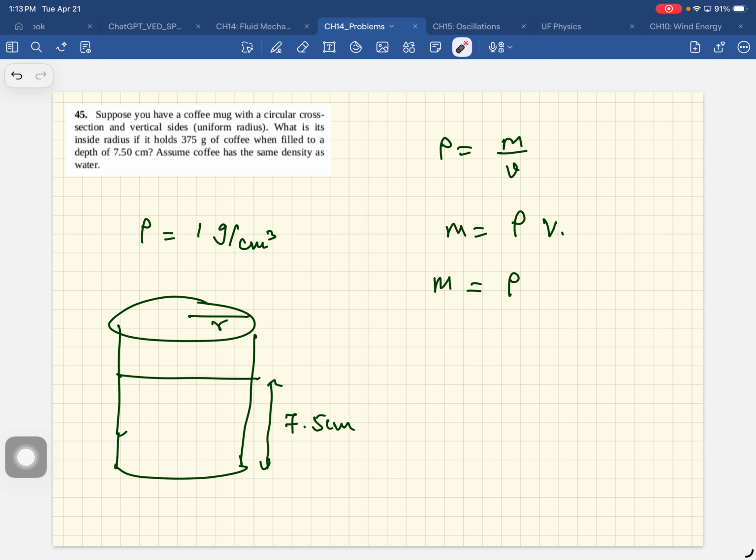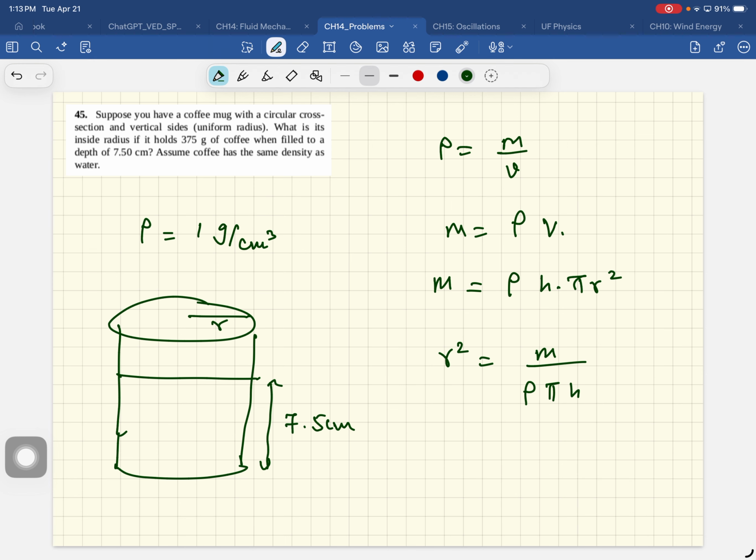So the final density, with the final volume being 0.35 times the initial volume, is 1 over 0.35, and that's 2.86 times the initial density.